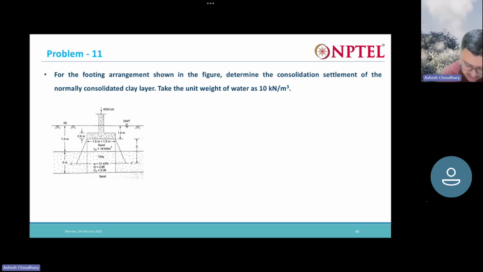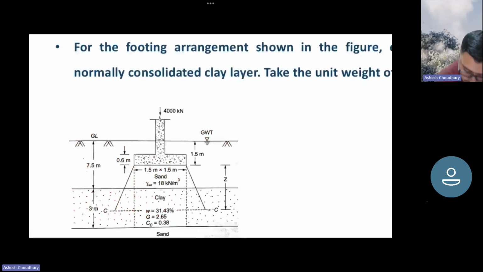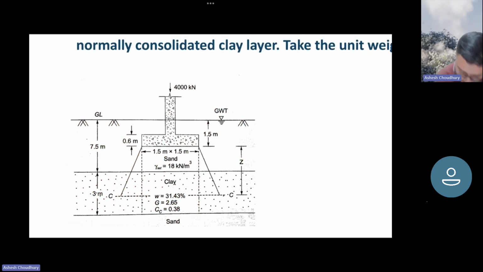So here we have an arrangement, right? First, you can see we have a footing, 1.5 meter by 1.5 meter square footing, and we're applying a load of 4,000 kilonewton on the footing. The footing is embedded into a sand layer and the saturated unit weight of the sand is 18 kilonewton per meter cube.